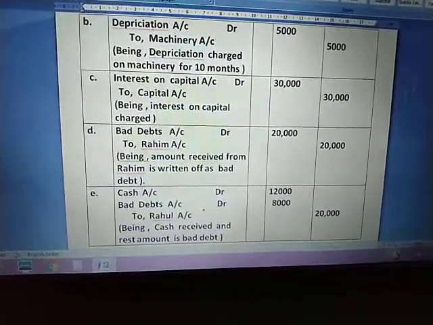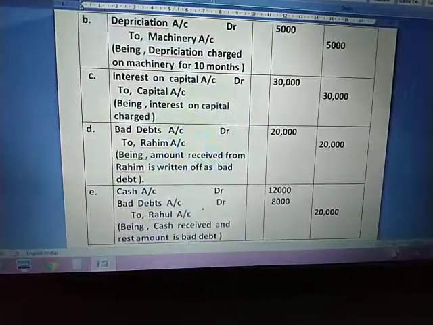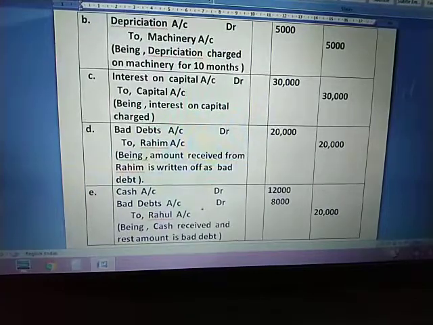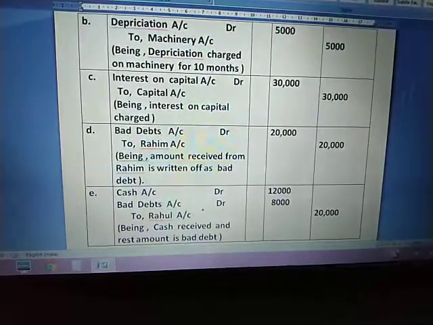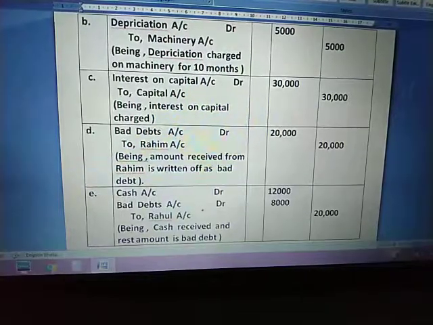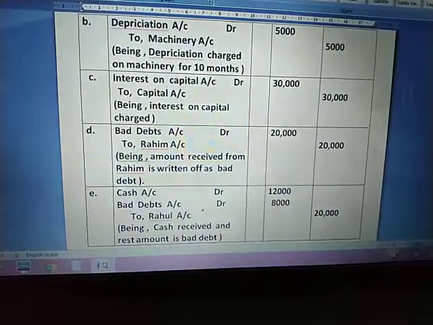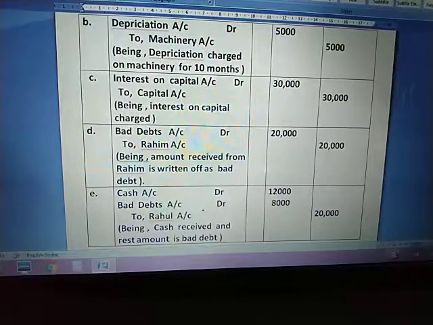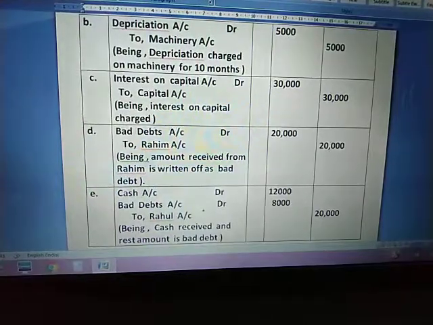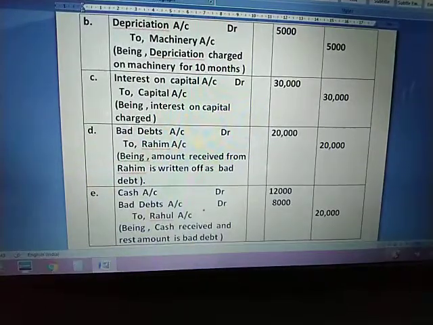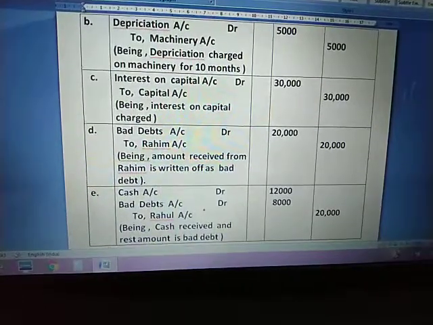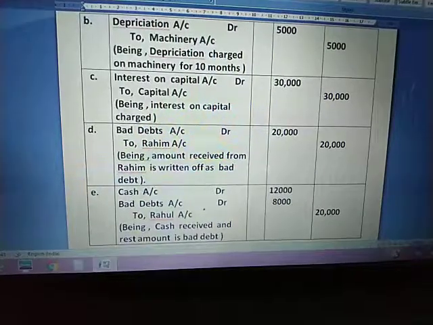And lastly, we have recovered 60% of 20,000, which is 12,000, and if you deduct 12,000 from 20,000, you get 8,000. So the remaining amount, 40% of the amount or 40 paisa of 100 rupees, becomes your bad debt. Okay, and then we have to credit the debtor account.